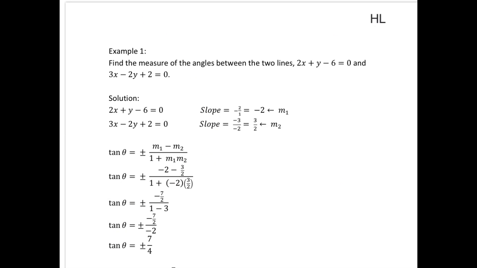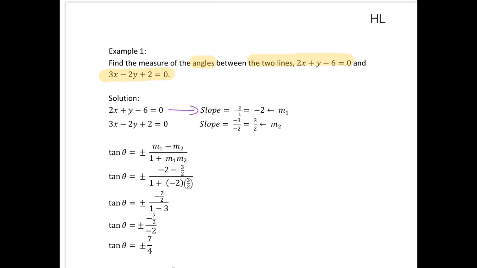So now we'll take a look at an example. In our example here, we're asked to find the measure of the angles, so both angles, between the two lines 2x plus y minus 6 equals 0 and 3x minus 2y plus 2 equals 0. What we must first do is to take a look at our two lines and get their slopes.